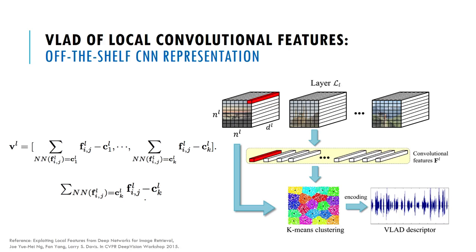As we saw before, we treat, again, each convolutional layer as a 3D volume, and then we're going to peel off these feature vectors, and then we will be applying the k-means and assigning the centroids. And then we will be going ahead and calculating the residual.